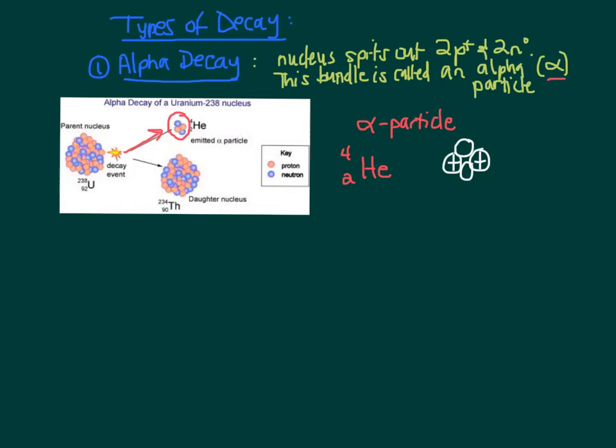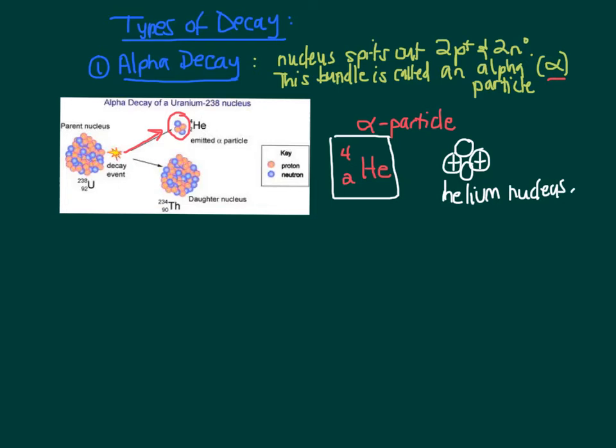And so that makes it the nucleus of a helium atom. That's what helium is, 2 protons and 2 neutrons. And if you take all the electrons off of it, you would have an alpha particle. So you need to know this abbreviation, and you need to know that an alpha particle is basically just the nucleus, or it's equivalent to a helium nucleus.